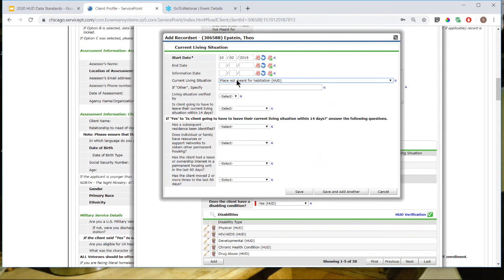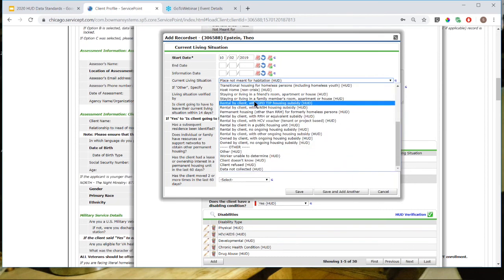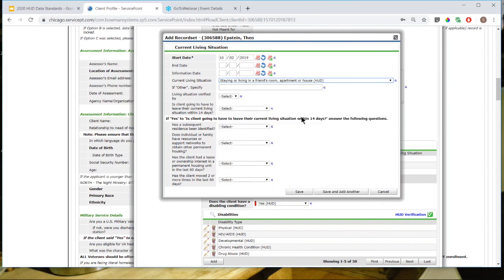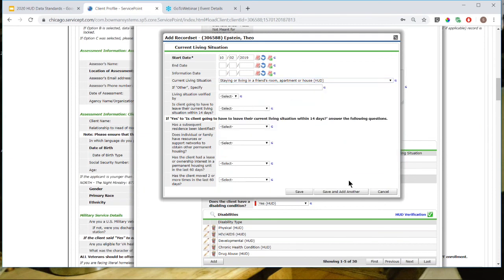But then the next week that they come in, they're now staying with a friend in a friend's room, apartment, or house. And then after that, the next week they come and they were in an emergency shelter separately. So this will help to sort of develop that pattern of where your client is going, where they're staying, what their patterns are for where they end up.